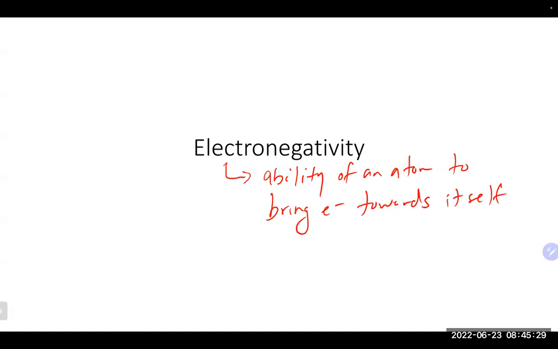And as we'll see here in just a second, a reminder: as you go up and to the right on the periodic table, electronegativity increases. As you go left and down, it decreases. And it is our guy right there. Fluorine is the most electronegative element, and its location is up and to the right.